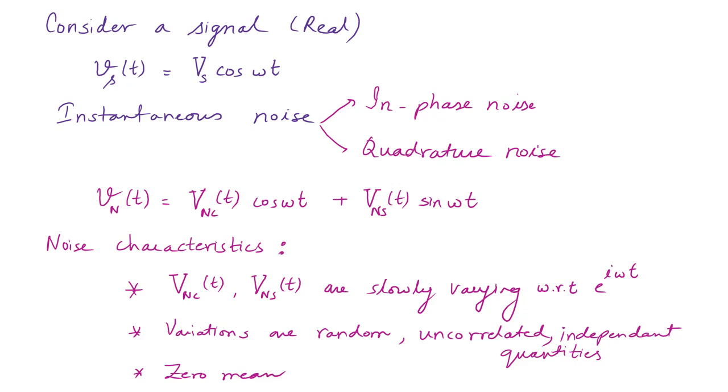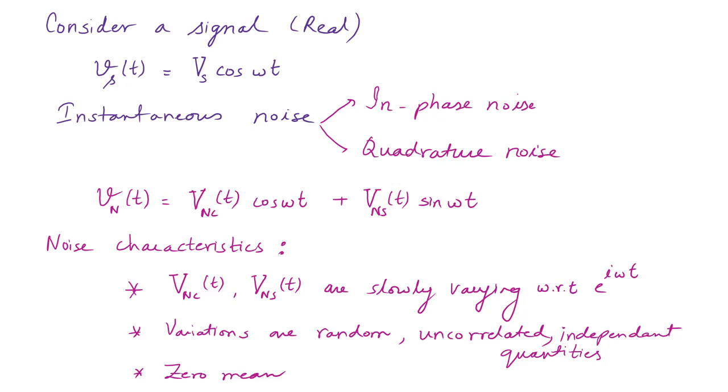And there is also a noise which is out of phase with the signal, at 90 degrees out of phase, which is called the quadrature noise. Now you see, noise is of different kinds. These two considerations, the in-phase noise and the quadrature noise, capture all the possibilities that one might construct of the incoming noise.